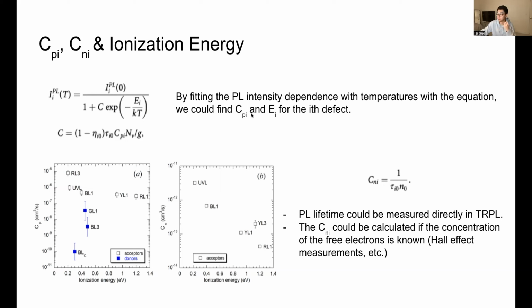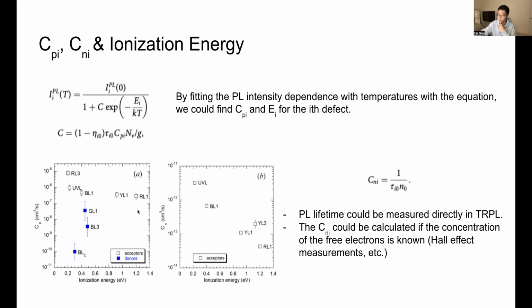And apart from those two important parameters, we also have another formula for the electron capture coefficient of the defect, and it is directly related to the photoluminescence lifetime and also the free electron concentration in the system. The lifetime could be directly measured using time-resolved photoluminescence, and the free electron concentration could be easily measured by the Hall effect experiment.